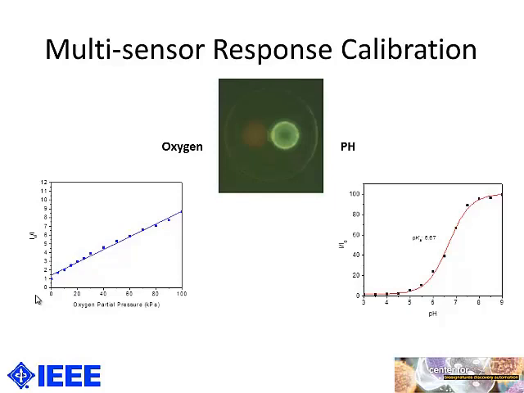So according to this property, if we put this device to use for single cell analysis, if the cell is consuming oxygen, the signal of the oxygen sensor will increase. Also, if the cells produce hydrogen ions, the signal of the pH sensor will also increase.